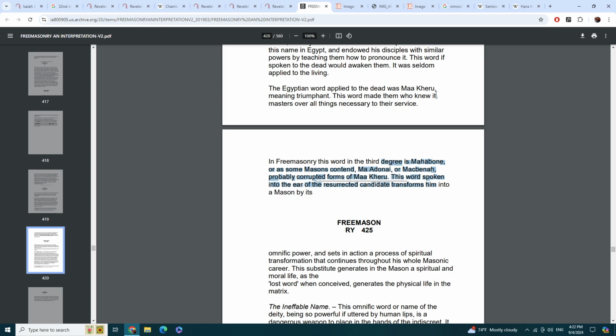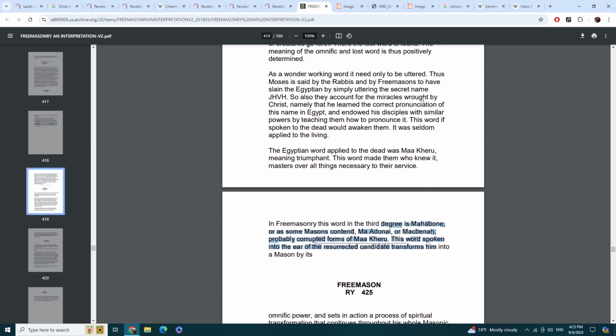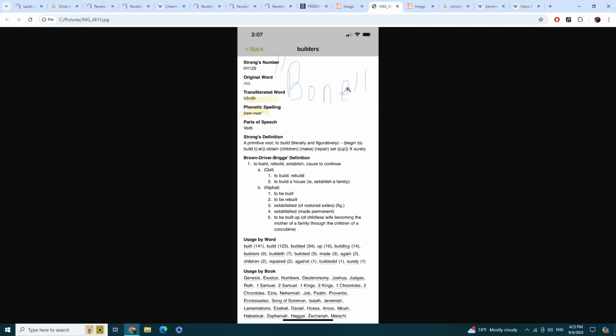Now it's not really a word, it's a concept, right? If you look this up, you'll find all sorts of answers. The word in Hebrew, bana, or bone, is kind of a weird pronunciation, but that's really what it is, okay?